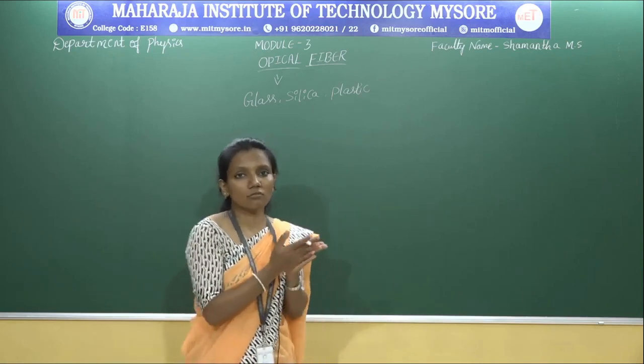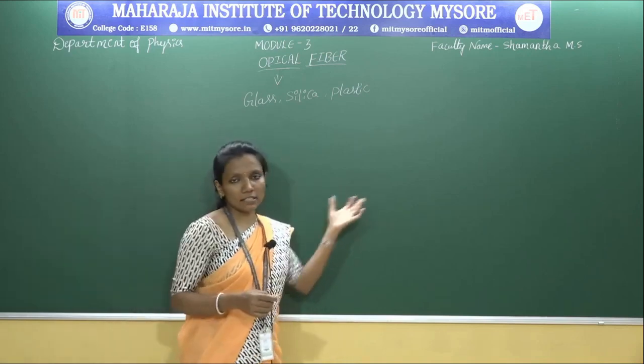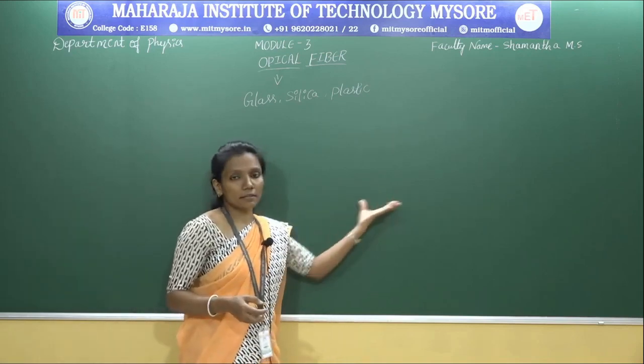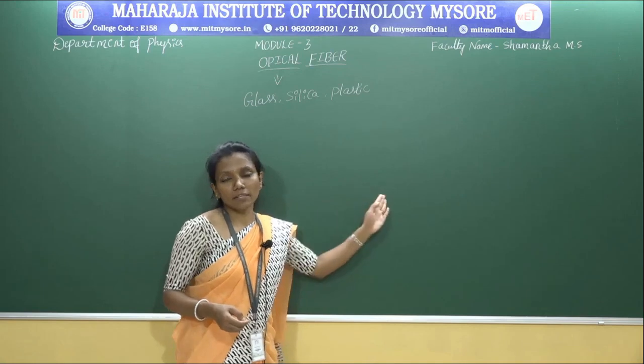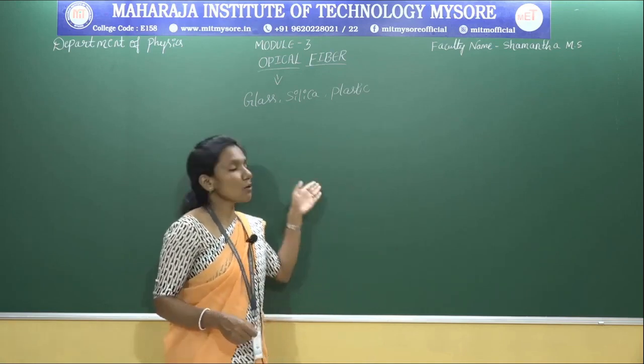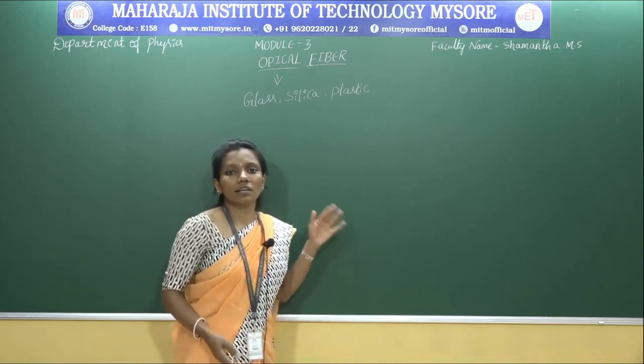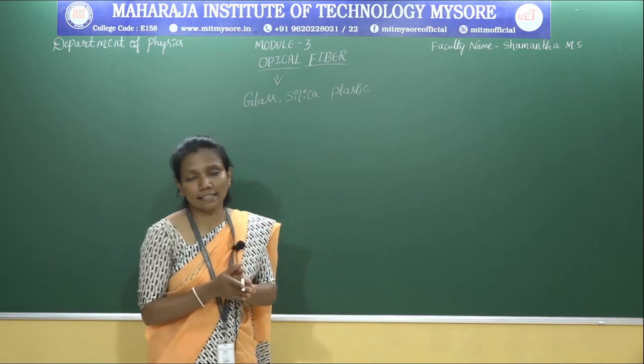In the optical fiber, between its two ends, the ray of light will pass. The ray of light will travel from one end to the other end without any loss of the signal.